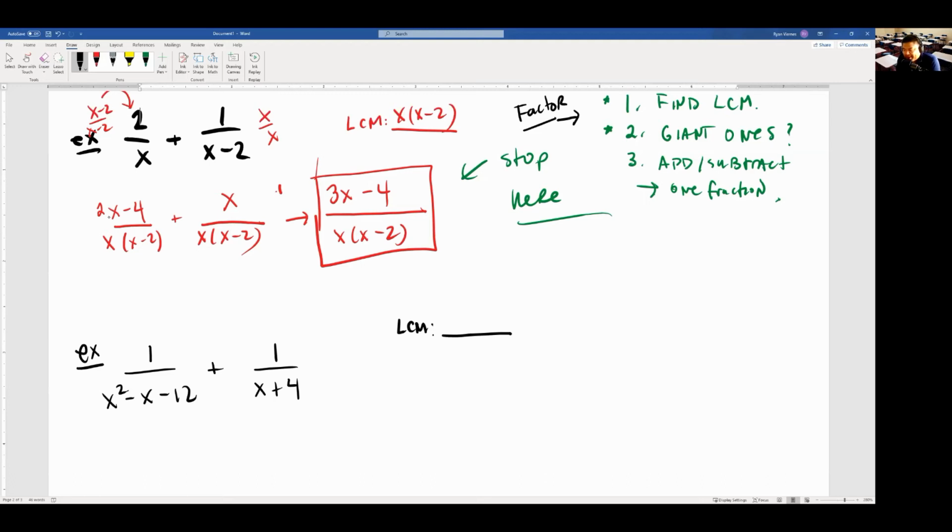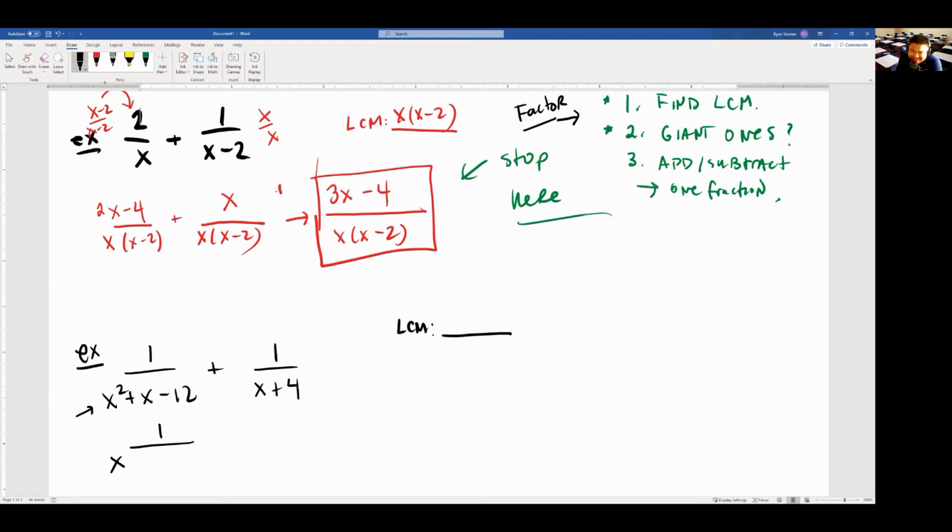And in order to find the LCM here, it might be helpful to factor. Factor what, you ask? Well, the thing that I can identifiably see is what can be factored. This is x. Oh, crap. I just screwed myself. Okay. Let's pretend for a moment that's a plus x. There we go.